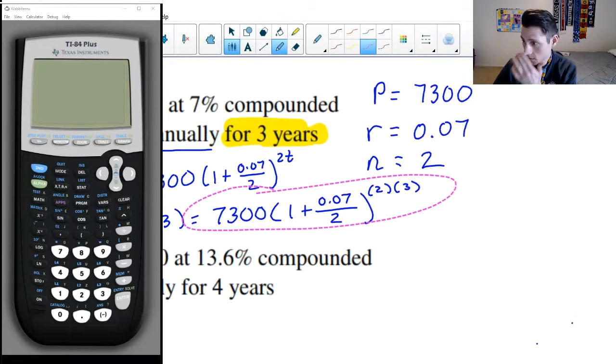So let me show you how this should work. So 7300 parentheses 1 plus.